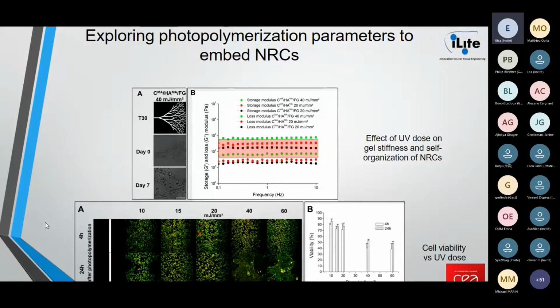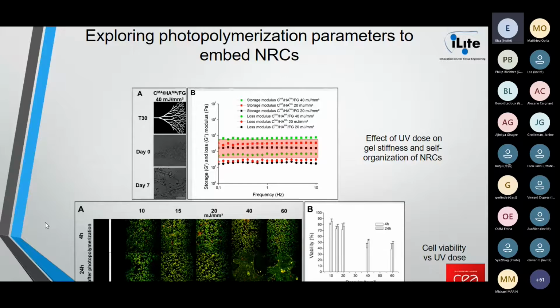But unfortunately, when you have more rigid substrate, what happens is the formation of the tubular structure fail after 7 days of culture, as you can see with the image. And at the same time, also as expected, we check for the cell viability compared to UV doses. And when the UV doses is higher, the viability of cells decrease really rapidly.